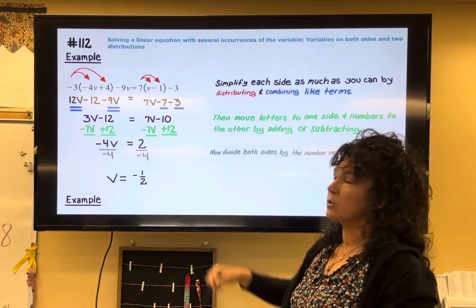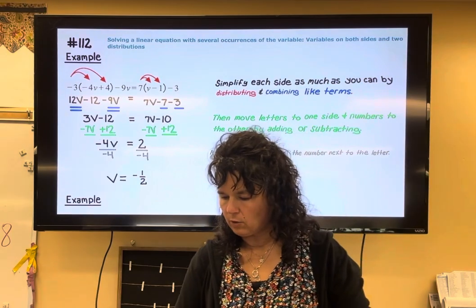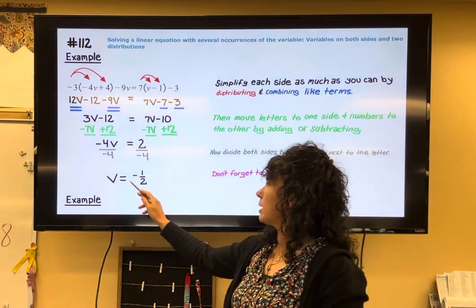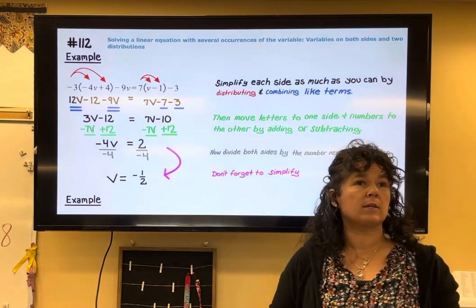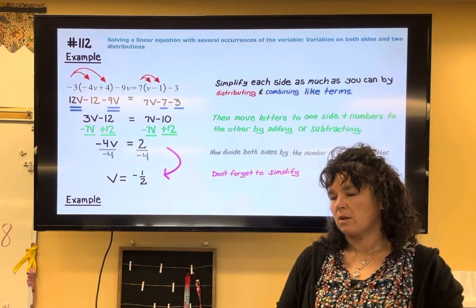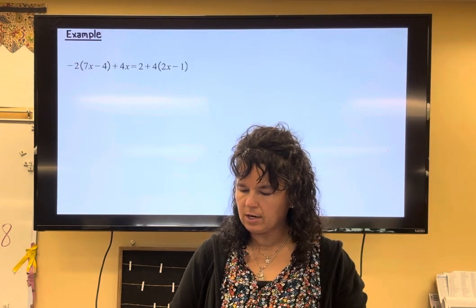Then we just divided both sides by -4 to finish getting the v by itself. And remembering at the very end, whatever we get there, we want to make sure we simplify. Okay, I'm going to do one more. It might be overkill, but we'll just do one extra one.